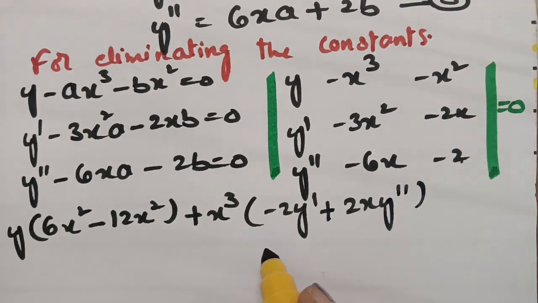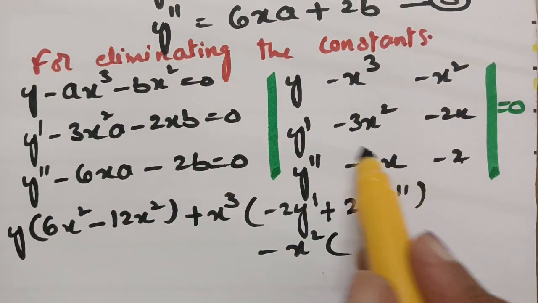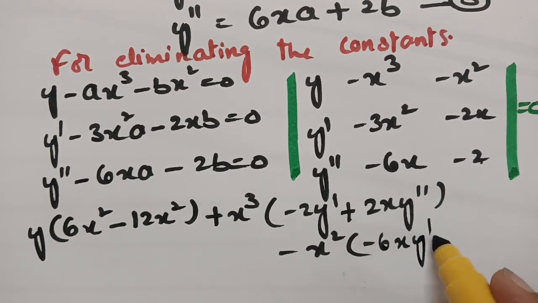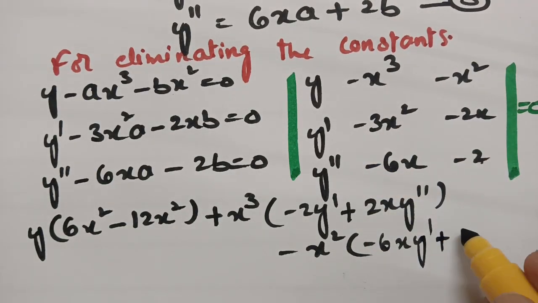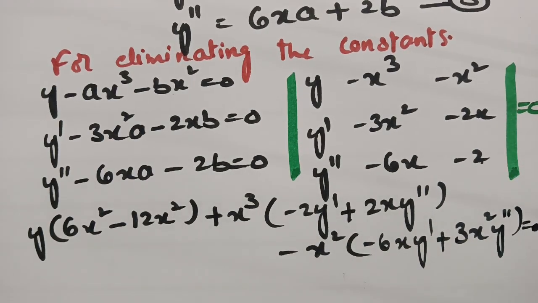And then minus x square into, closing this row as well as column, this will be minus 6xy dash plus 3x square y double dash, is equal to 0.